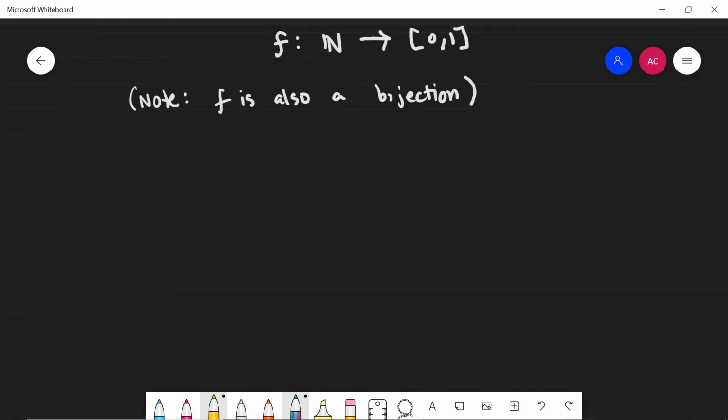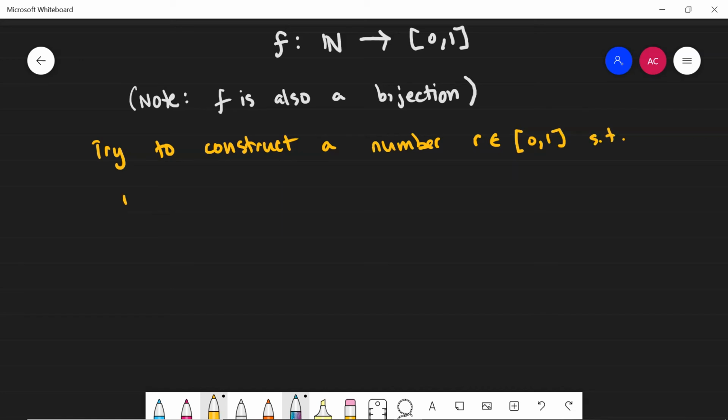Our goal here is to construct a number r living in this interval such that r is not contained in the image of f. And in doing so, this of course contradicts the fact that this is a bijection, because then my function is not onto if I'm able to construct such a number r.